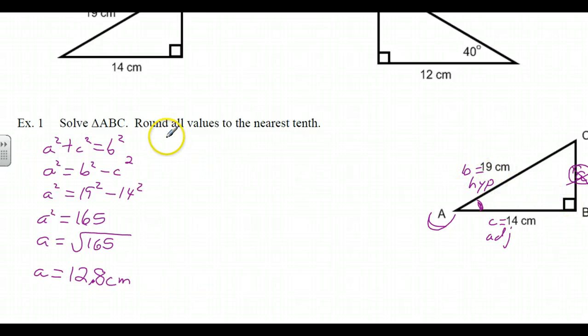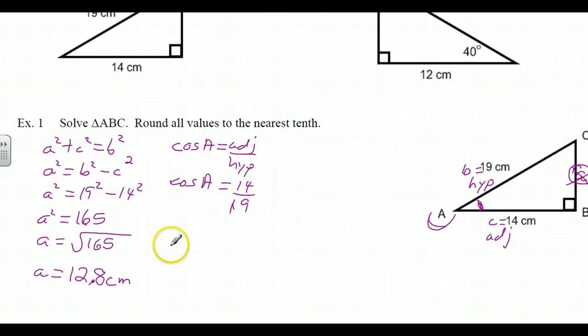So now we think, all right, I have adjacent and hypotenuse, which ratio? That's cosine. Let's write down a formula. The cosine of angle A is adjacent over hypotenuse. The cosine of angle A is 14 over 19.